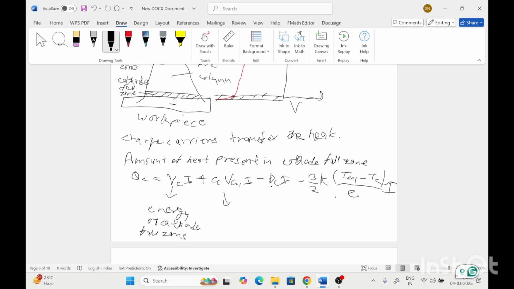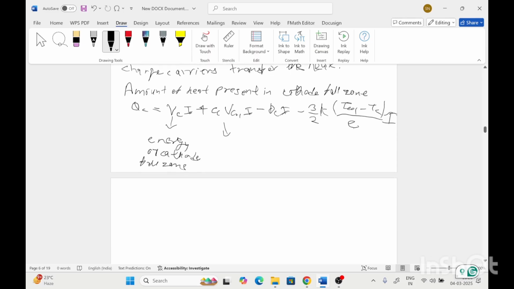And the minus 3/2 k (T column minus T C) by e times I term is the energy required to raise the temperature of electrons to the arc column temperature. Because as the electrons emit from the cathode, these electrons should attain the temperature of the arc column to travel from the cathode to the anode.